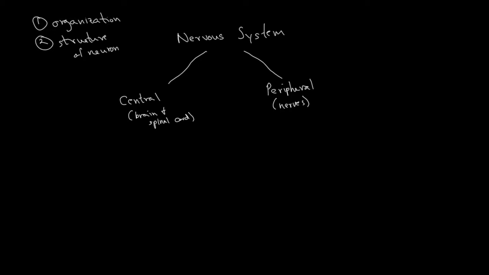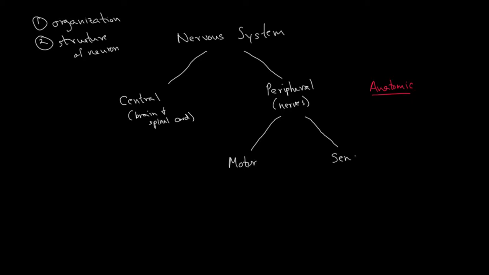Now, this way of talking about the nervous system, of classifying it, is often known as the anatomic method of classification because you're utilizing the anatomy of where it is to describe which part of the nervous system you're talking about. Pretty simple.